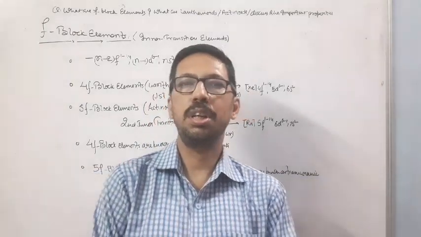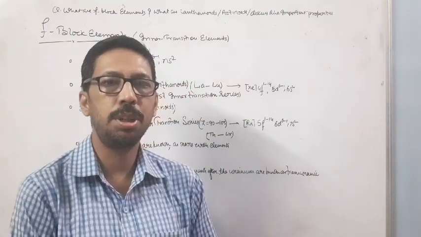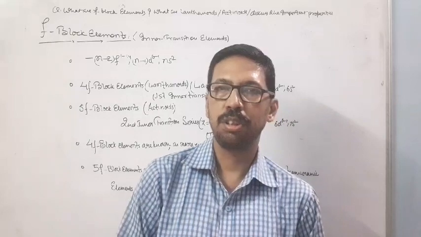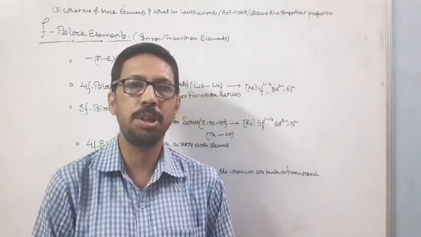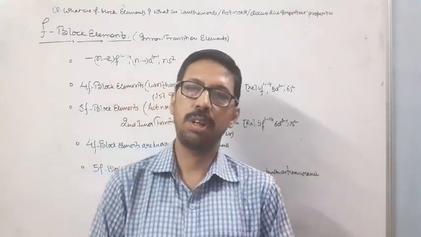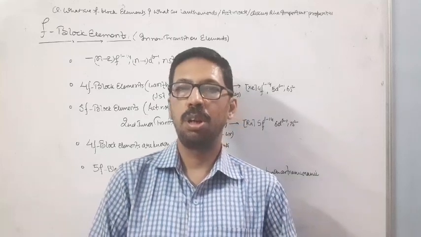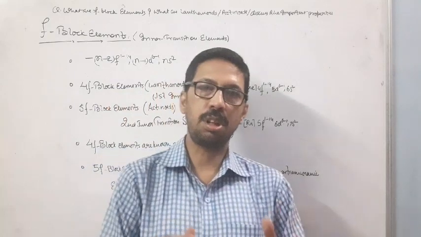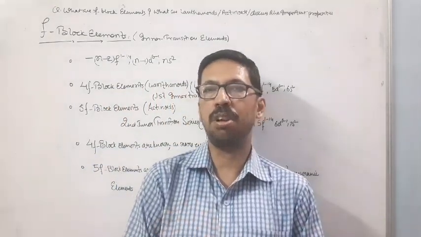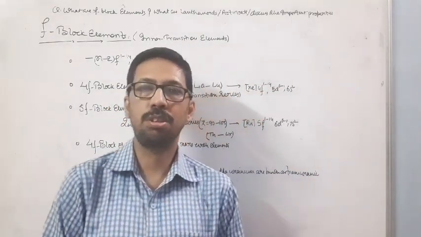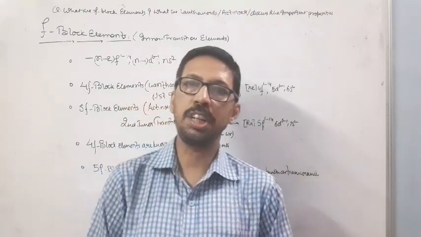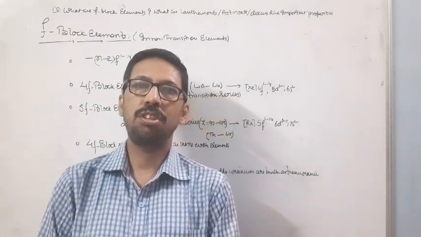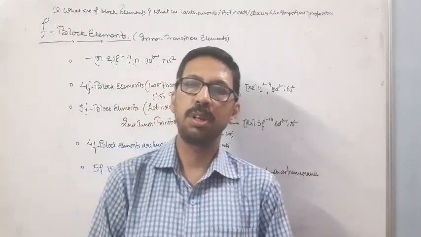Now similarly, the 5f block elements: the elements for which the last electron enters into the 5f orbital are known as 5f block elements or second inner transition series elements. These are also known as actinides because the starting element is actinium, and the series starts just after the atomic number of actinium.